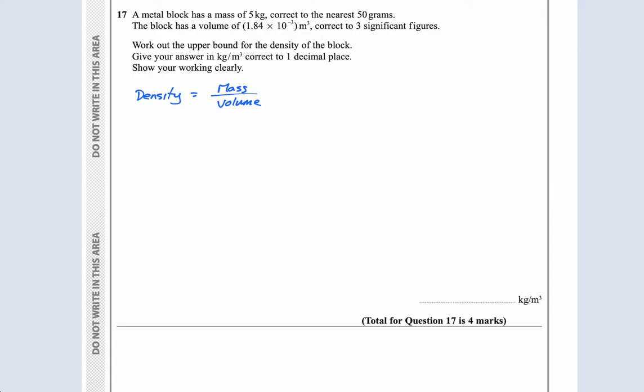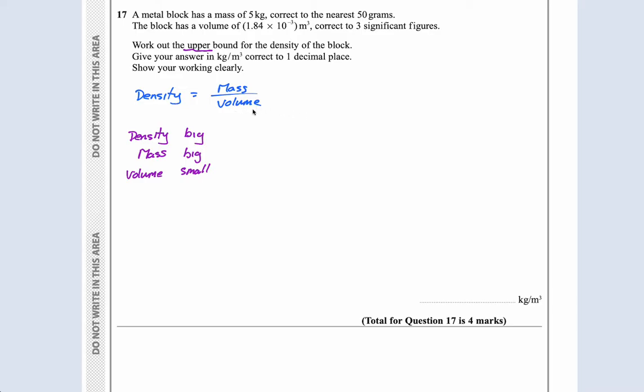Right, so you may have seen me do this before, guys, but I want density to be big. Upper bound means make density big. To make density big, I need to make the mass big, because it's mass over volume. So the bigger the numerator, the bigger the density. But I need to make volume small, because the smaller this is, the bigger density is going to be, because I'm going to divide by a small number.